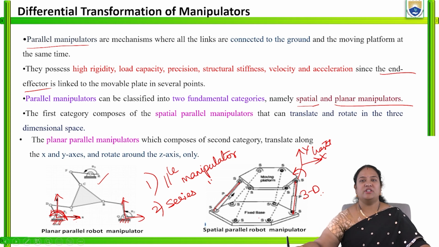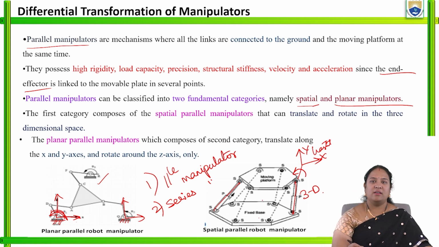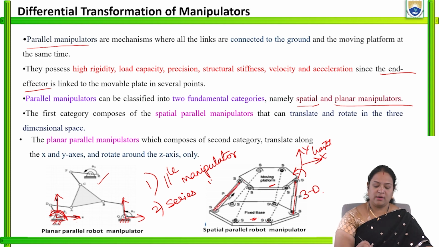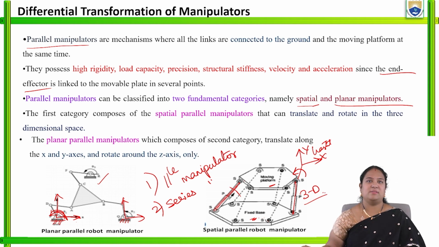In the three-dimensional space, the robot initially has a fixed base, which is attached with the help of the robot manipulator to the moving platform, where this type of robot manipulator has both translational as well as rotational movement taking place in the three-dimensional space.